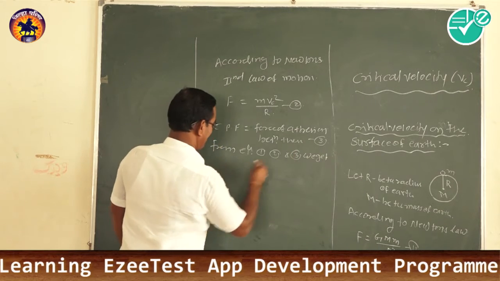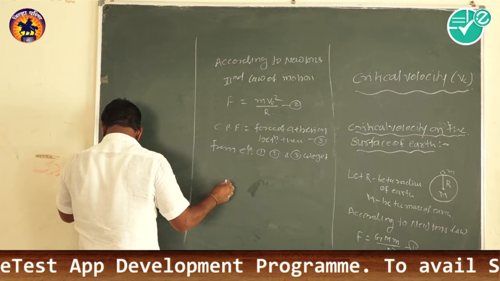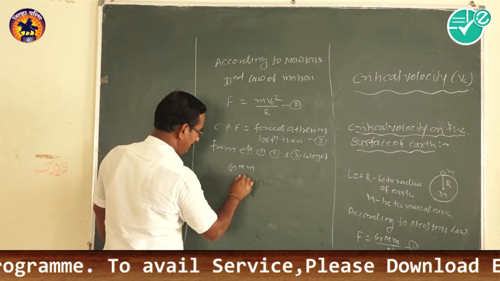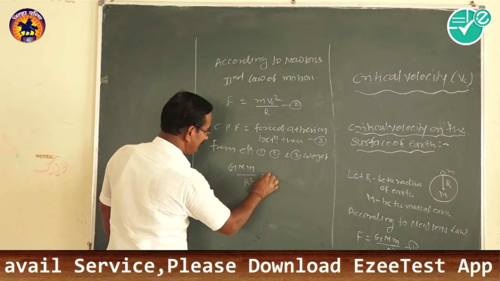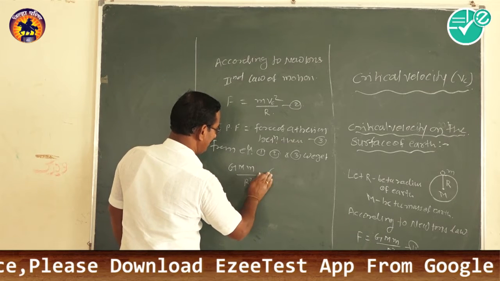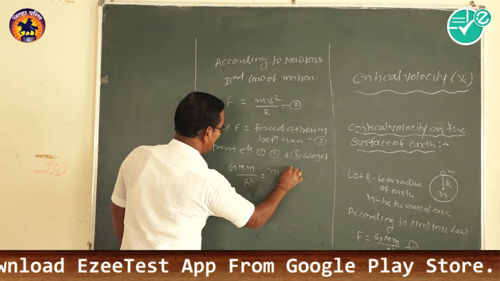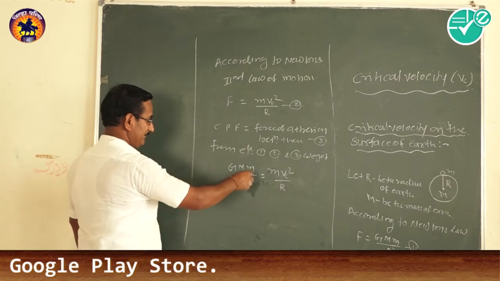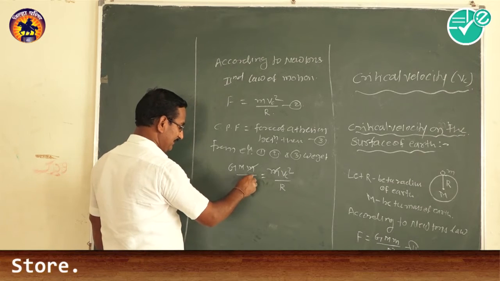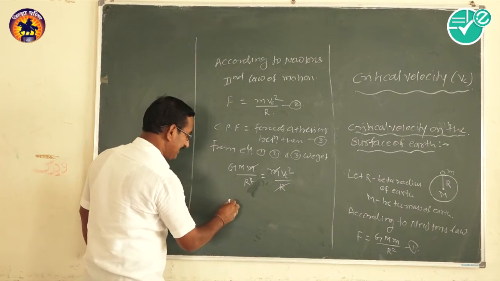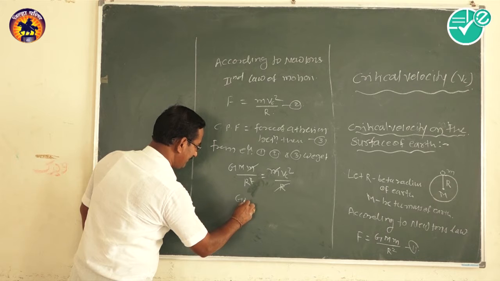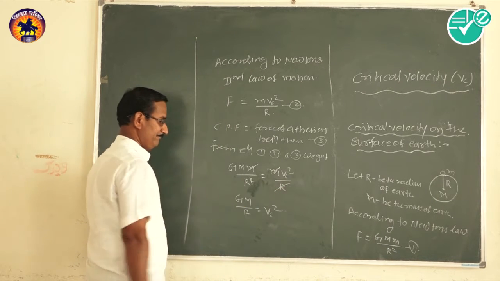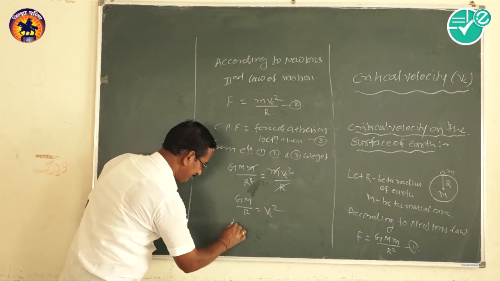G capital M small m upon r square is equal to m vc square divided by r. Then from this equation, small m gets cancelled and one r gets cancelled. Remaining is G capital M by r is equal to vc square.